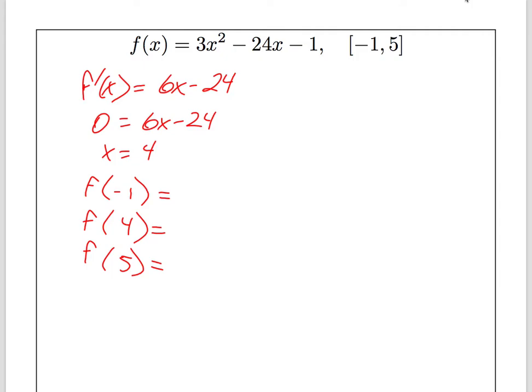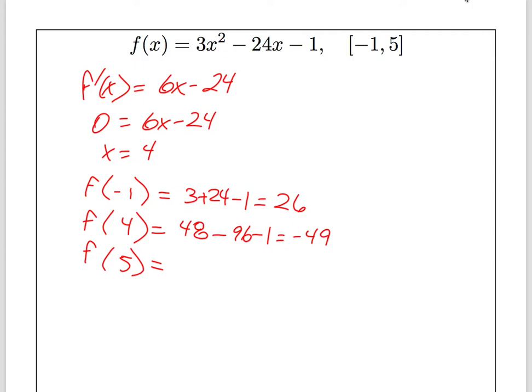So I plug in -1, that's going to be 3 plus 24 minus 1, so that gives me 26. Plug in 4. That's 3 times 16, which is 48, minus 96, minus 1, so negative 49.